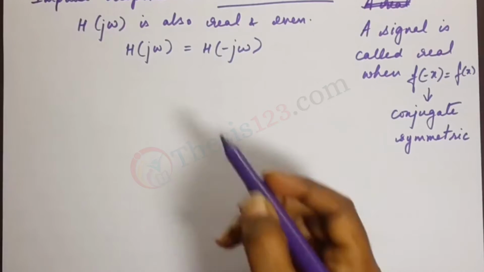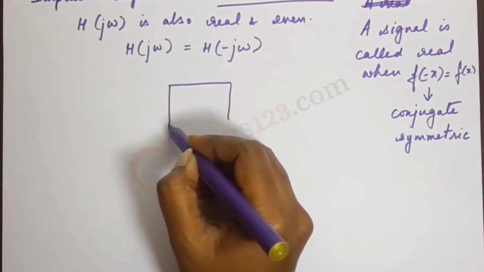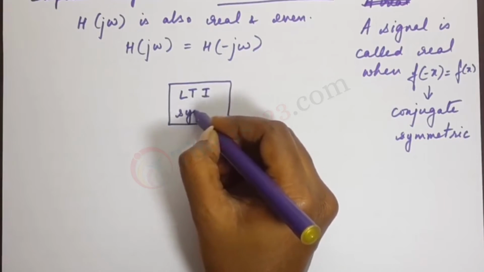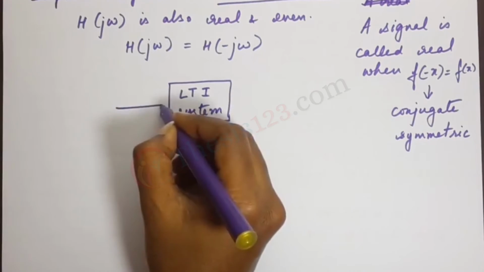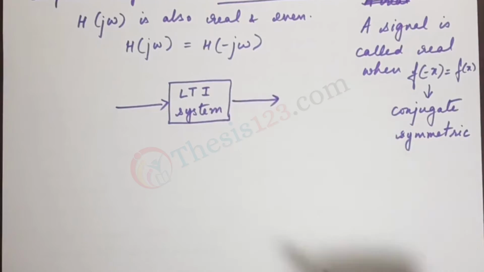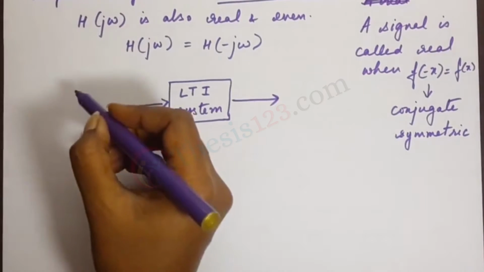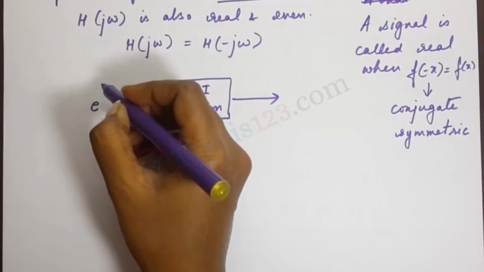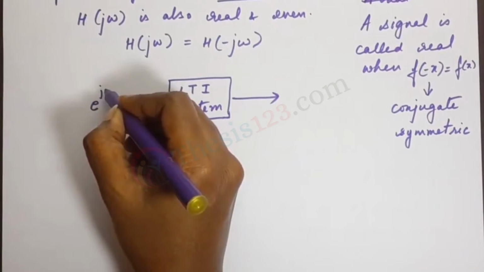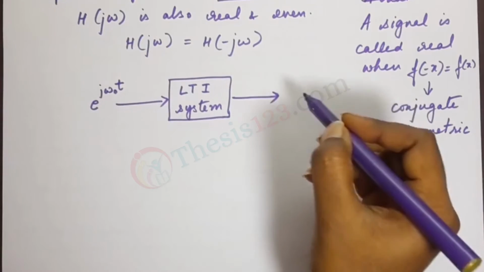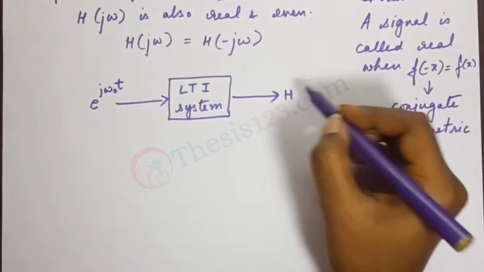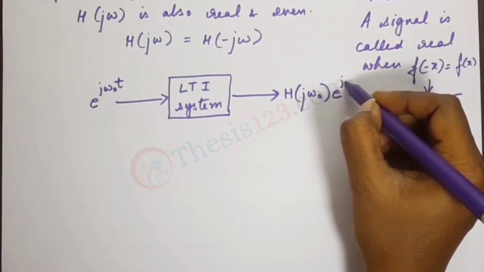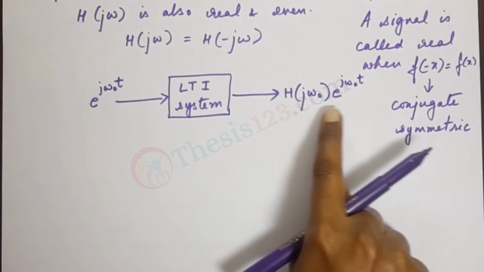Okay, so now let's assume that here we have a system, a linear time invariant system. There is a certain input and we obtain a certain output. Now in terms of complex exponentials, we can write the input x(t) as e^(jω0t), and we obtain as the output H(jω0) times e^(jω0t).